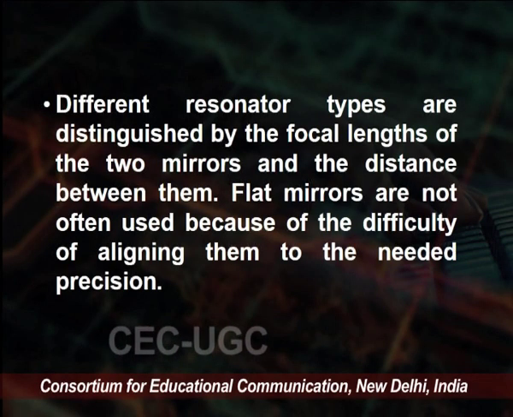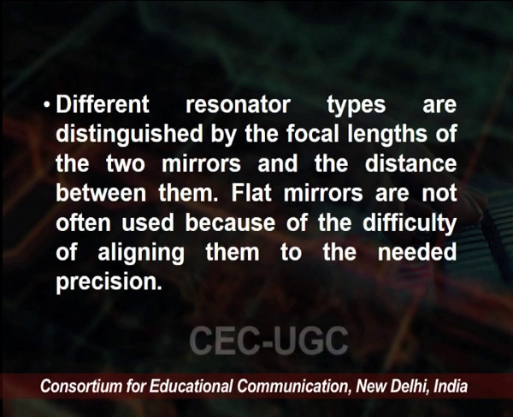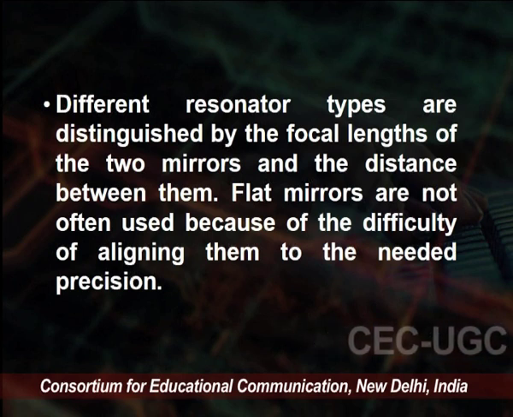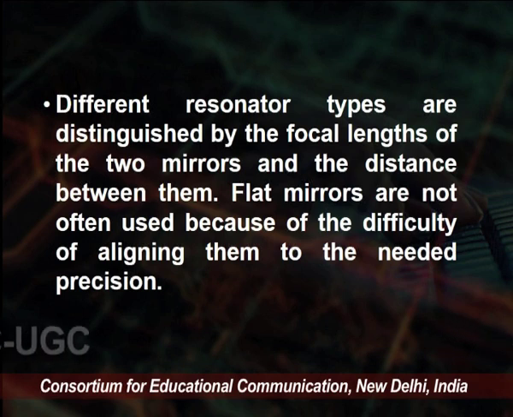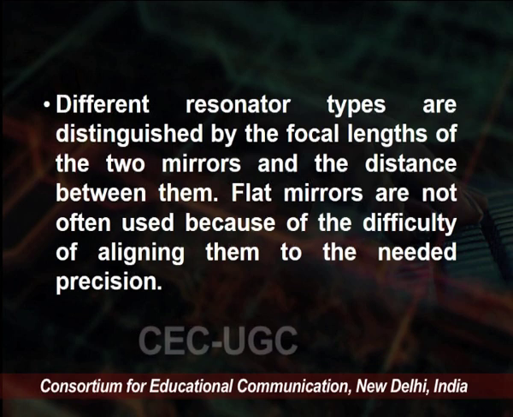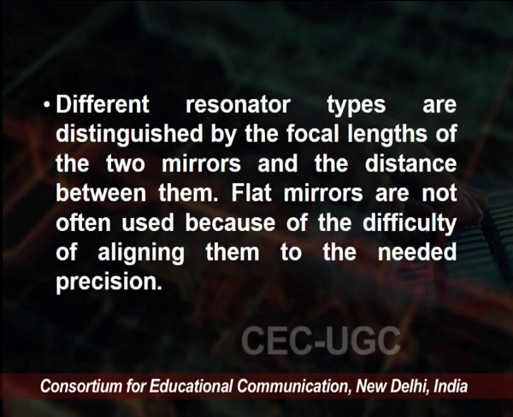So different resonator types are distinguished by the focal lengths of the two mirrors and the distance between them. A resonator has a cavity, and that cavity has two mirrors, one on each side, and on the basis of that we can distinguish the various types of resonator.